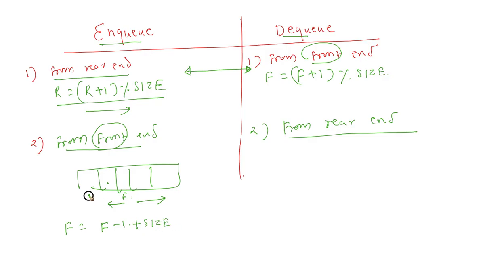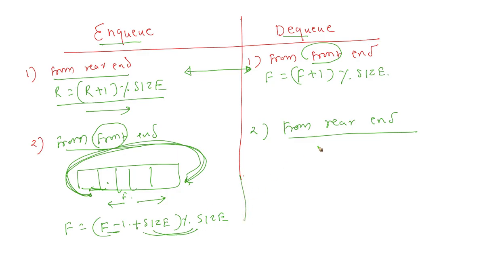Because when I come here, in order to give this movement, I need plus size mod size. Till here the normal f minus 1 works, but this comes into play only when you want to give this movement.